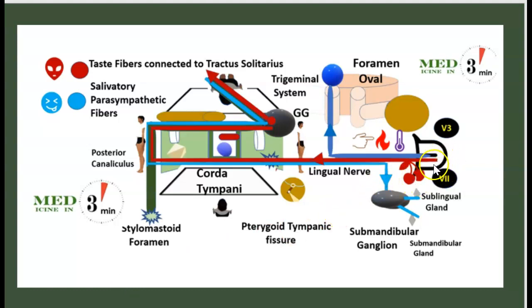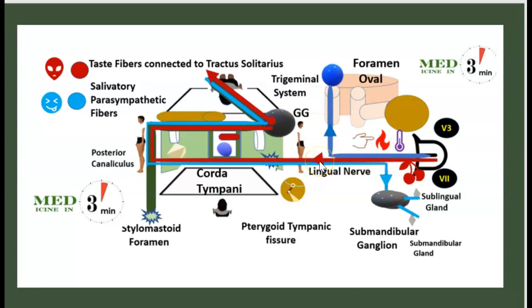Fibers coming from the two-thirds anterior tongue go through the lingual nerve. We see that in the lingual nerve, there are three types of fiber. There is afferent fiber driving the taste.